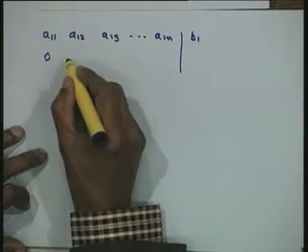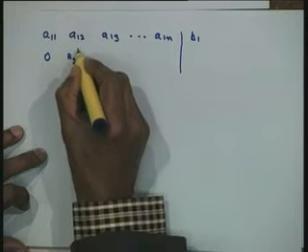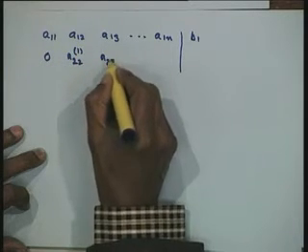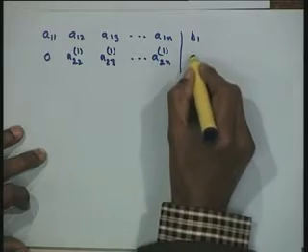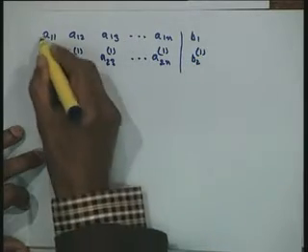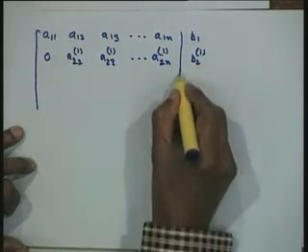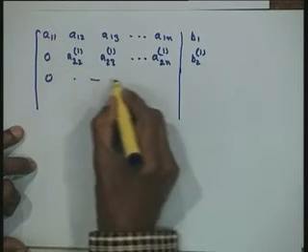So this has become a 0, this has become A22 of 1, this has become A23 of 1, this is A21 of 1, B2 of 1. So I have a 0 here, all these elements.